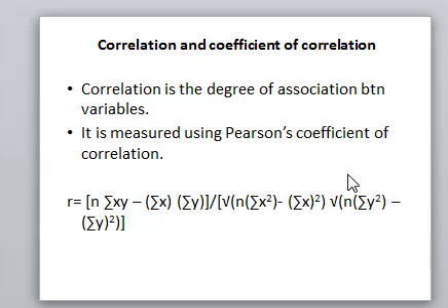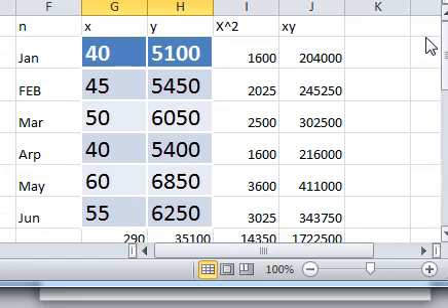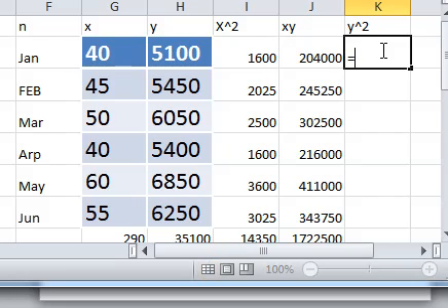So it means in our table we need to add two columns. If you look in our table here, we need to add columns to be able to get the coefficient. You need y squared, which you can get from here. You put equal sign, 100 power 2.